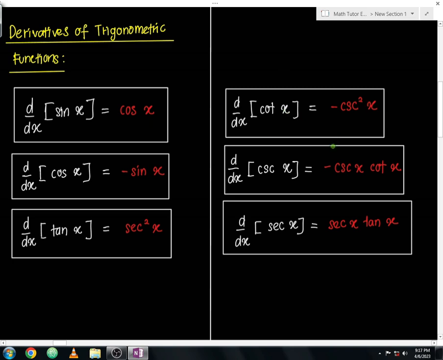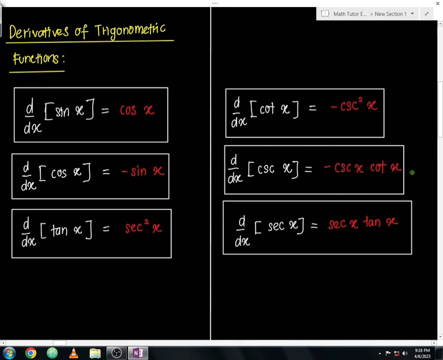This is the fourth trigonometric function. Moving on, when you differentiate cosecant x, what is cosecant x? Cosecant x is just 1 over sine x. So when you differentiate cosecant x, you'll get negative cosecant x cotangent x.